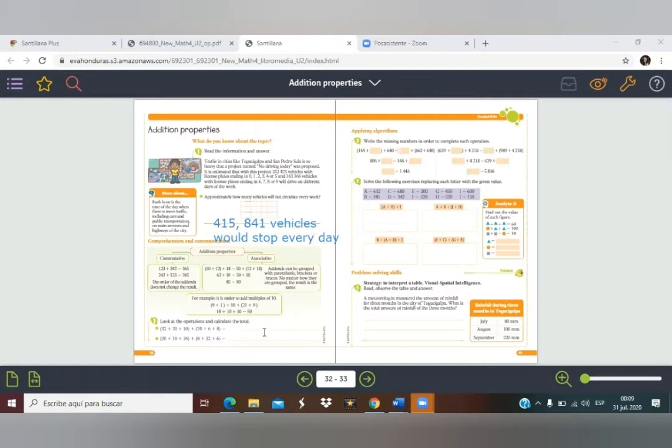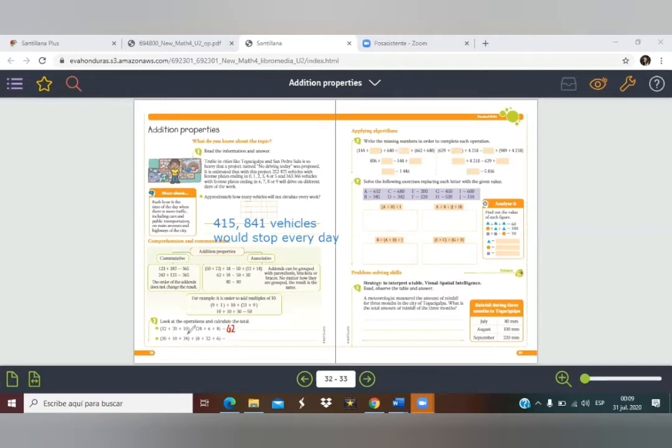For example, the first part, we have here in parentheses 3 addends. 32 plus 20 plus 10 is equal to 62, right? So write the number 62 here.